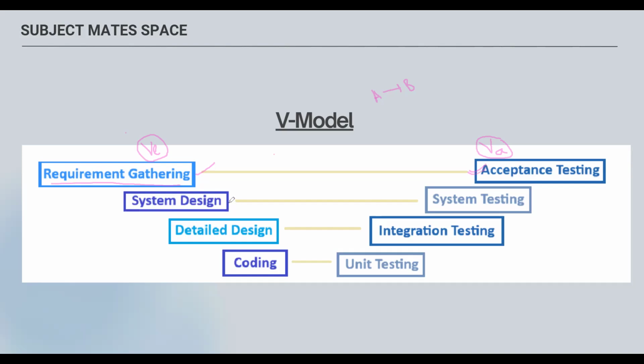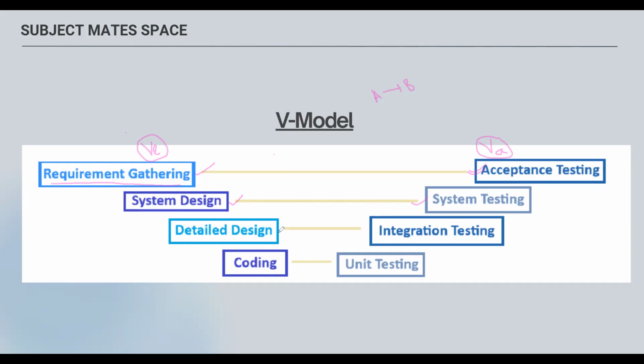Next is our system design. In system design, we are going to give the overall application, you can say the analysis phase. Once the architecture is ready, we are going to do system testing, which means we are cross verifying it with the system design and the requirements. Did we do the right thing or not?